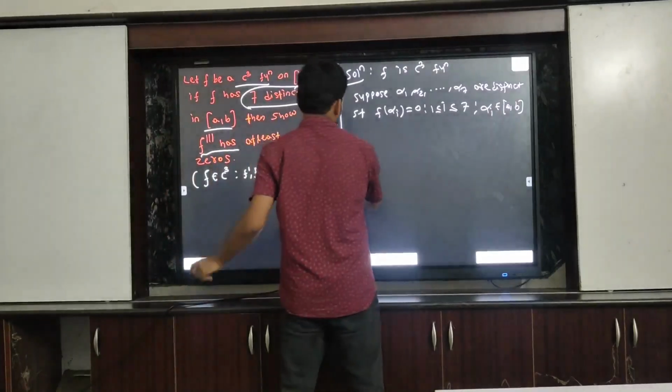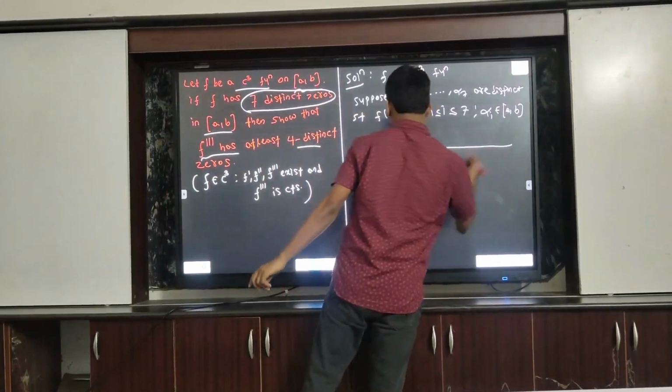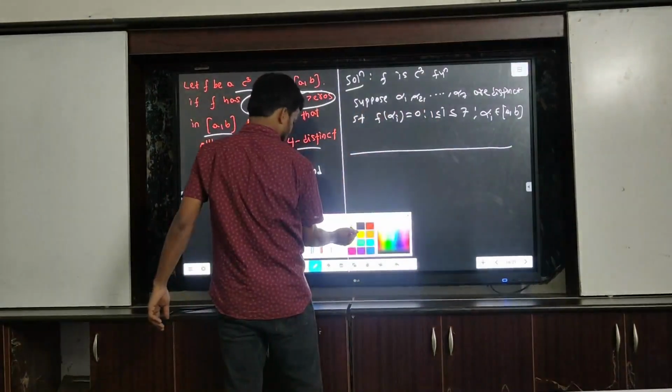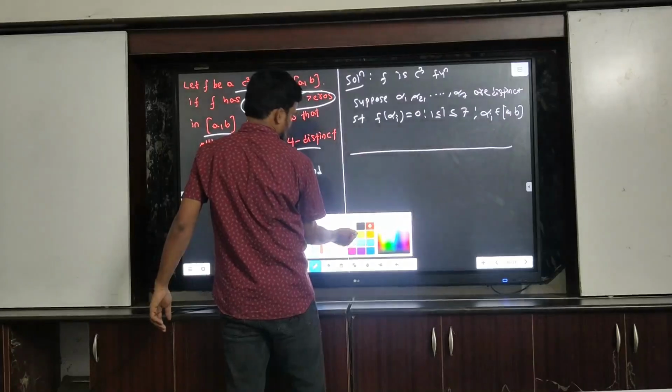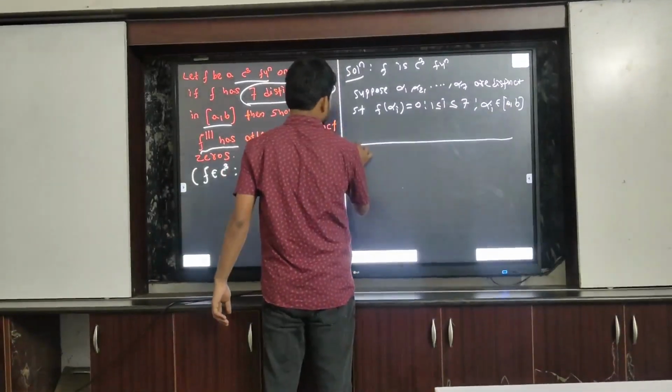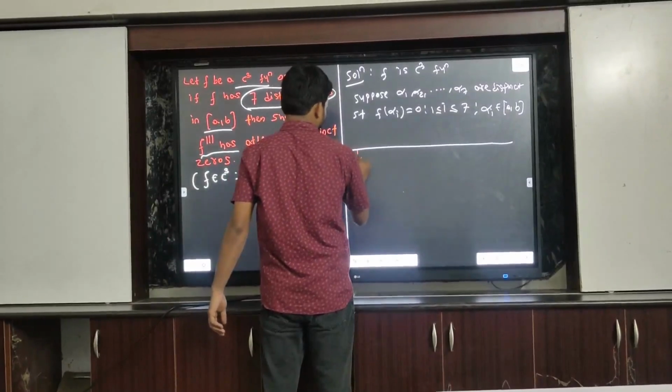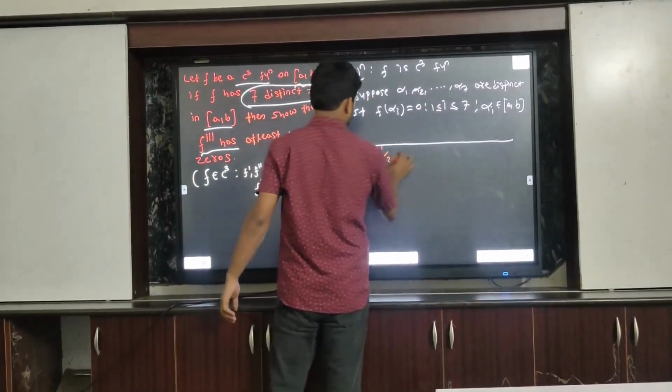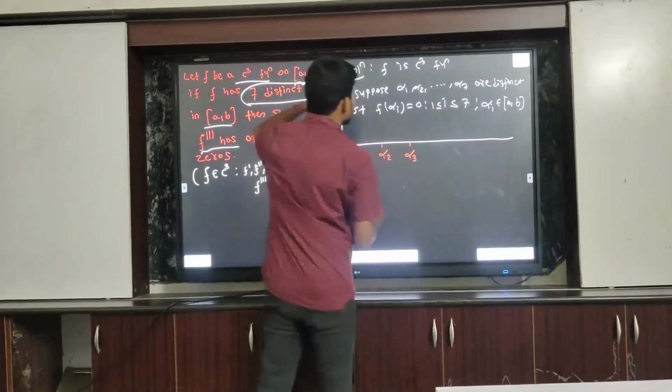Let's represent the graph. Suppose this is your alpha 1, this is your alpha 2. These are distinct numbers, right?